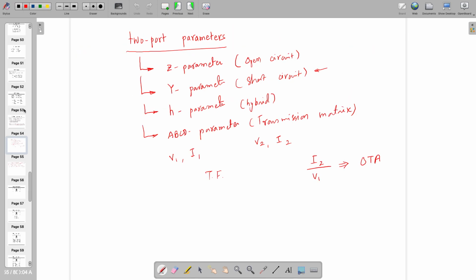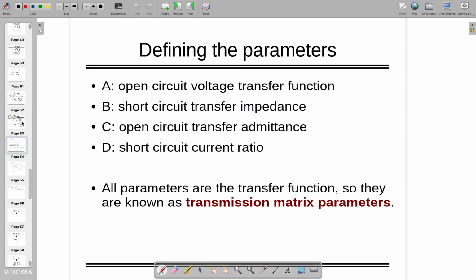Yeah. So other than that, we also learned about T networks and pi networks. Right? So you can identify which one is T and which one is pi. And summarizing what we have done in ABCD parameter or transmission matrix.